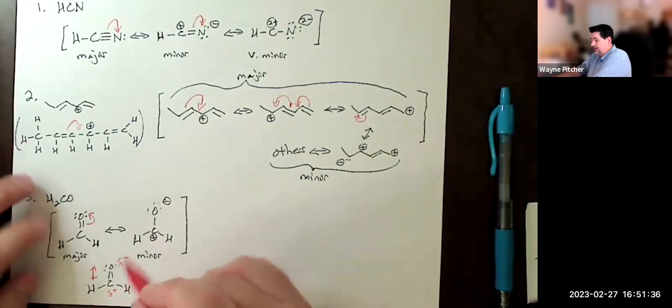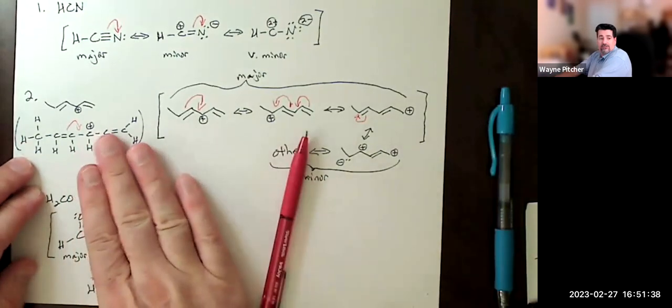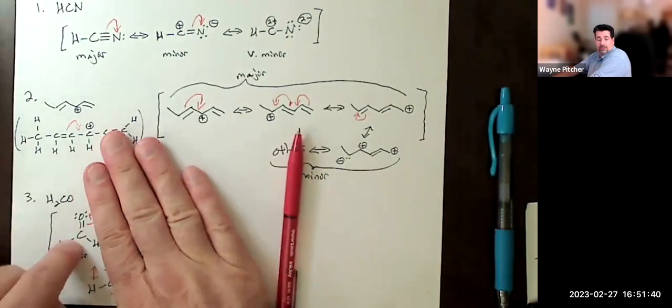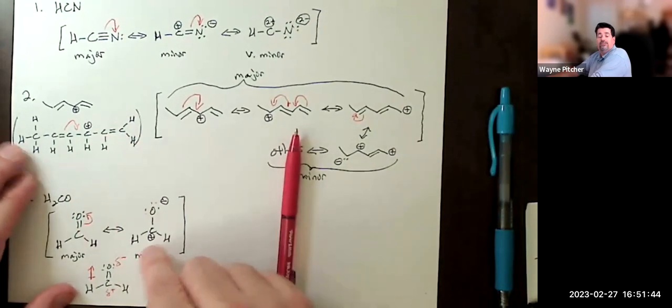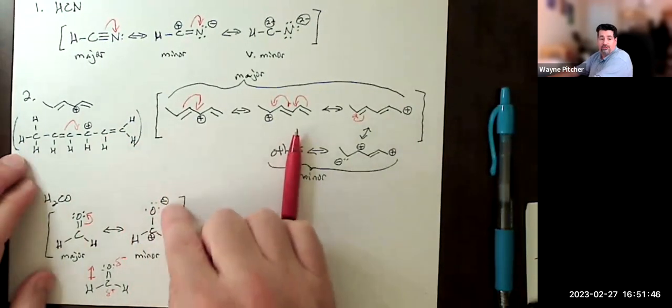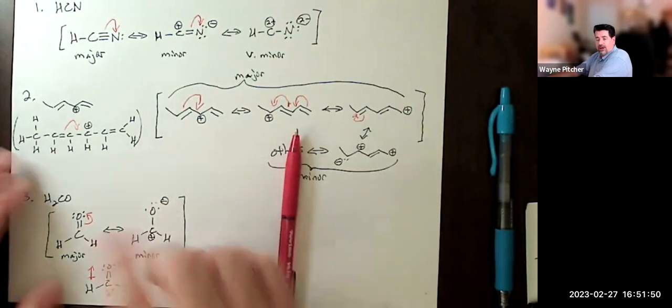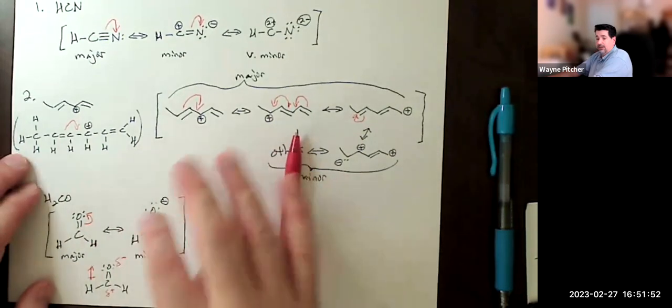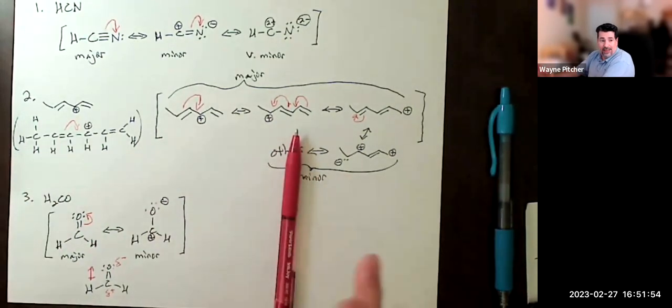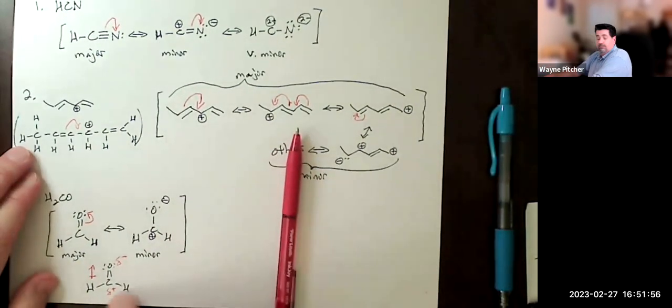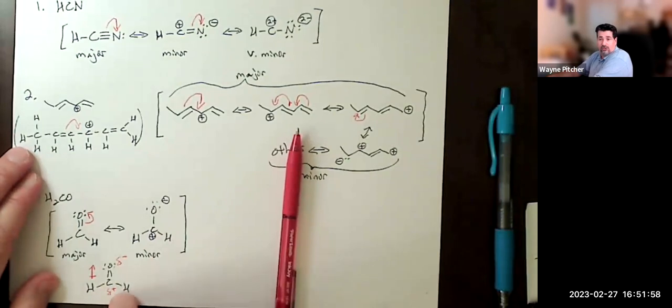That in reality, we don't have just a fixed formaldehyde here with evenly distributed electrons. In reality, the electron density is more on the oxygen. It's a minor resonance structure, so it's not as heavily weighted in the picture of reality. We could draw it like this if we want to.